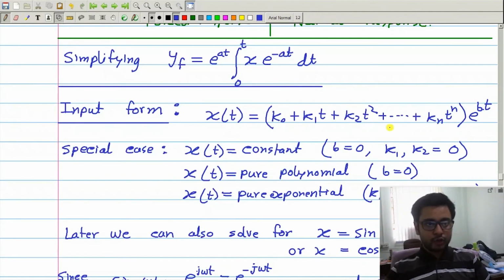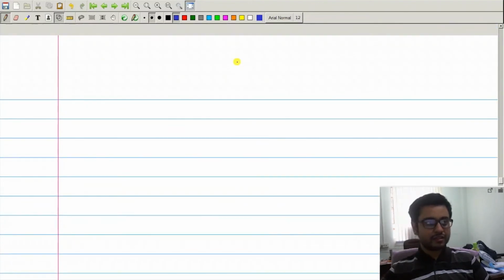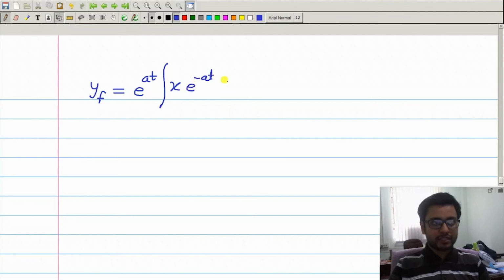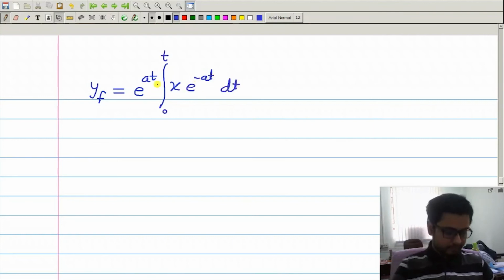And now with this input form, let us simplify the expression for the forced response here. So let me start with y_f is equal to e to the power at times the integral of x e to the power minus at dt.